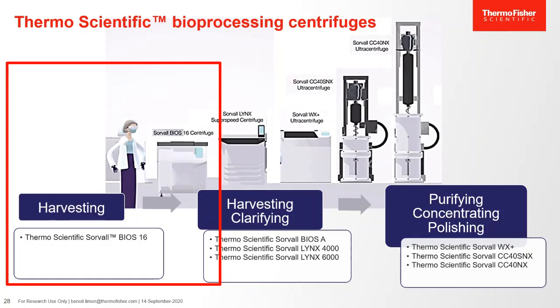In the clarifying stage, we have the BIOS-A bioprocessing centrifuge that provides increased performance features in comparison to the Bio16. And then we have our innovative and popular Lynx SuperSpeed centrifuge platform. When looking to purify, concentrate, or polish, we have the WX Plus Series Ultra Centrifuge or the CC40 Industrial Centrifuge platforms.